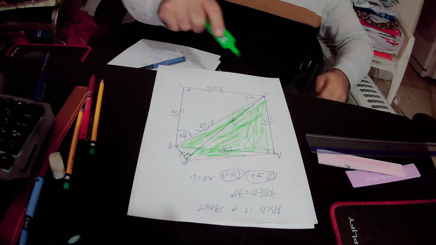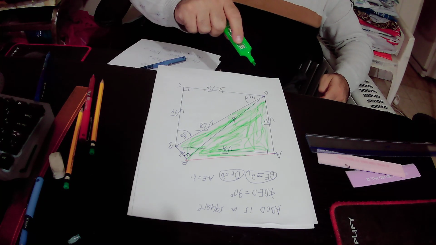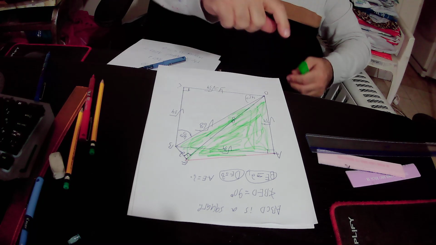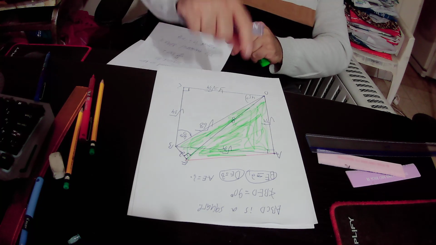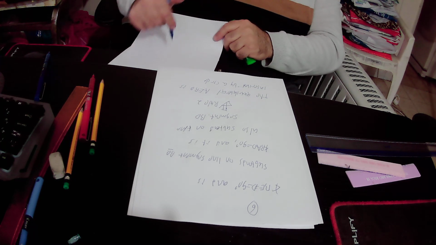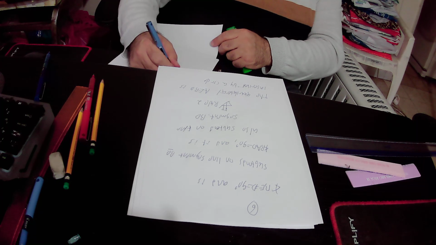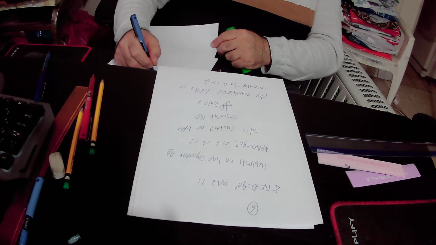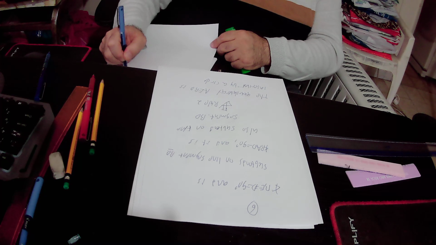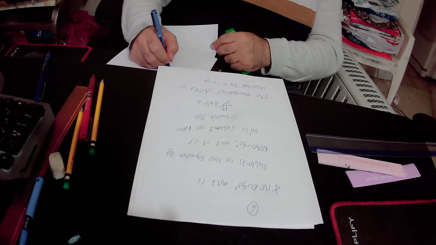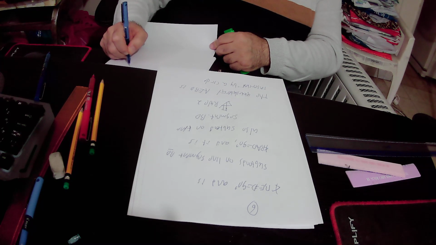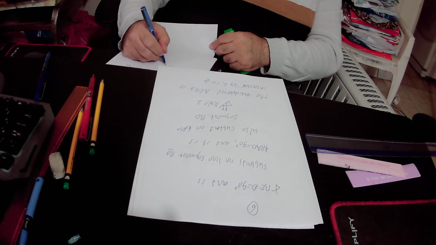The quadrilateral in the green color AEBD is inscribed by a circle, and the 4 points A, E, B, and D lie on that circle. Okay?